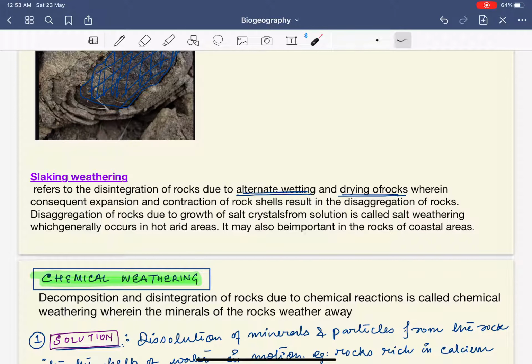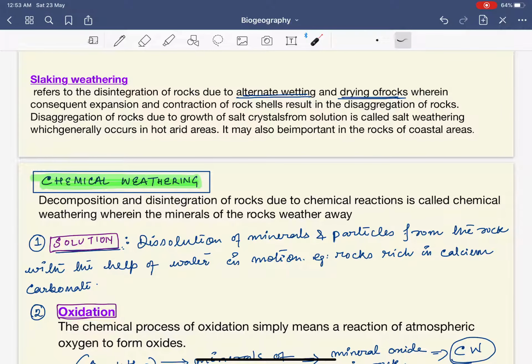Consequent expansion and contraction of the rock shell results in the disaggregation of the rocks. Disaggregation of the rocks due to the growth of salt crystals from the solution is called salt weathering, which generally occurs in hot arid areas. It may be important in the rocks of coastal areas.